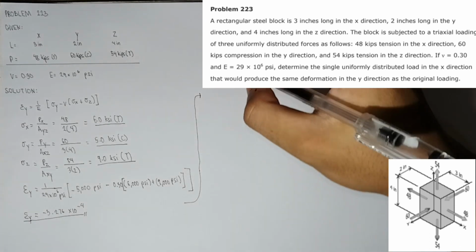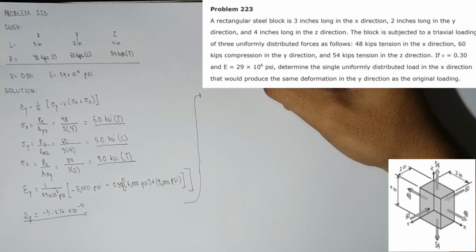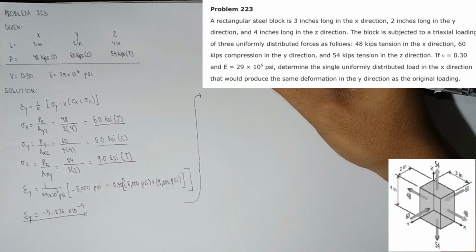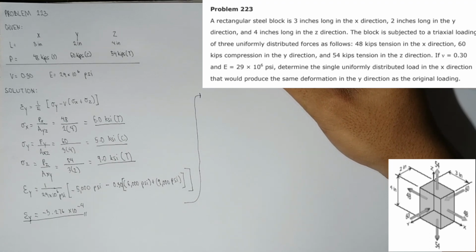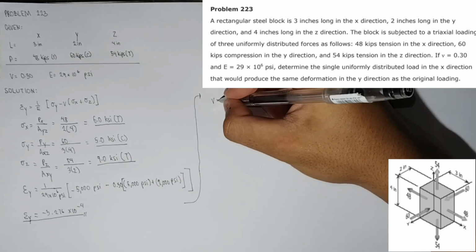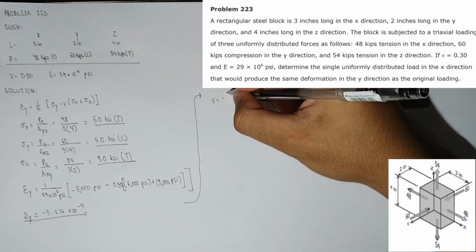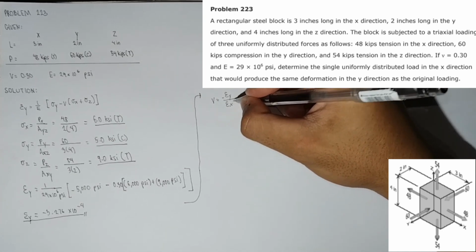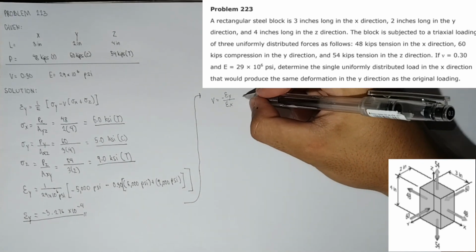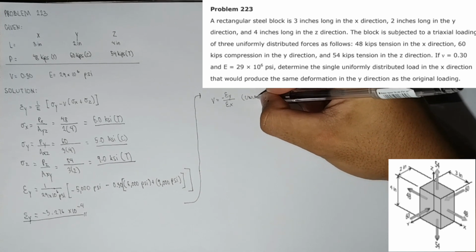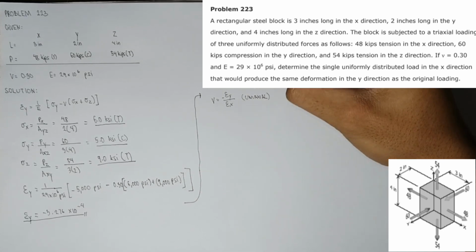The formula for uniaxial deformation would be V is equal to negative strain in Y over strain in X. So I'll indicate this, guys, as uniaxial.